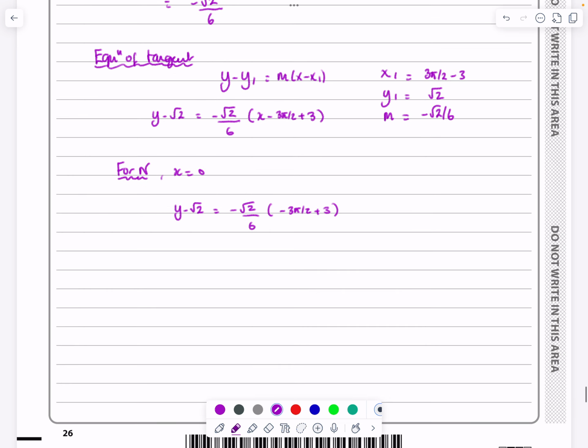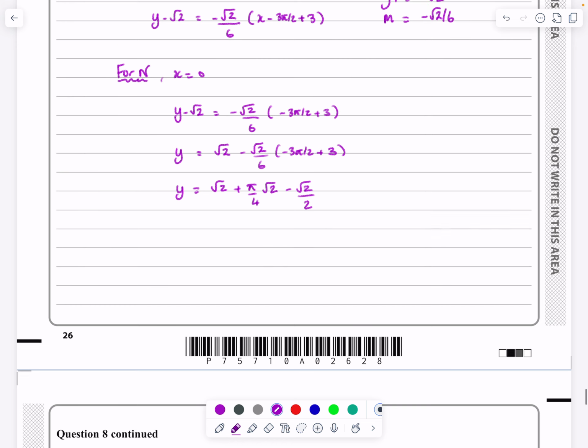So I'm going to say y is equal to, just take the root 2 over the other side, root 2 minus root 2 over 6 minus 3 pi over 2 plus 3. Now again, I'm going to take a few steps here. You might do this much quicker than me when you're actually going through all this, but I'm going to get y equals root 2, and then plus pi over 4 root 2, and minus root 2 over 2.